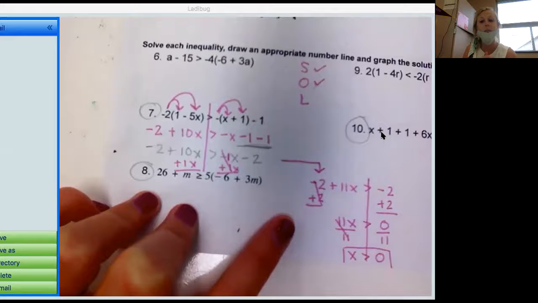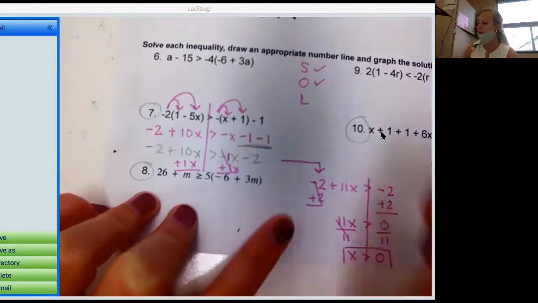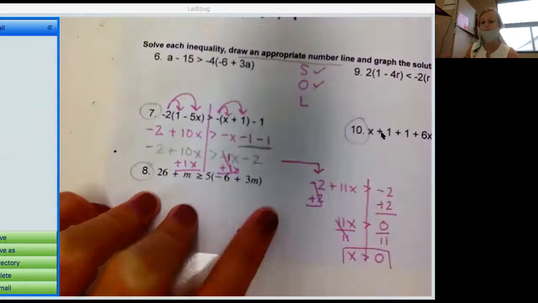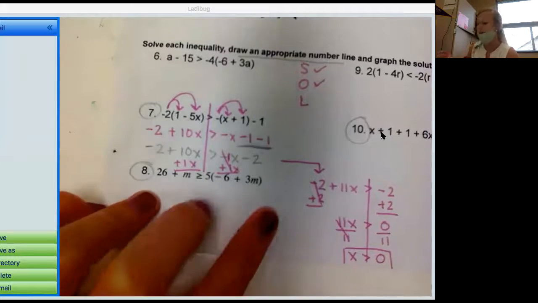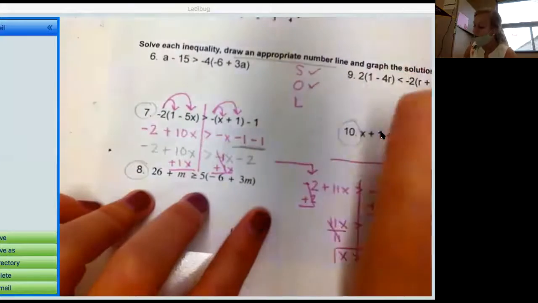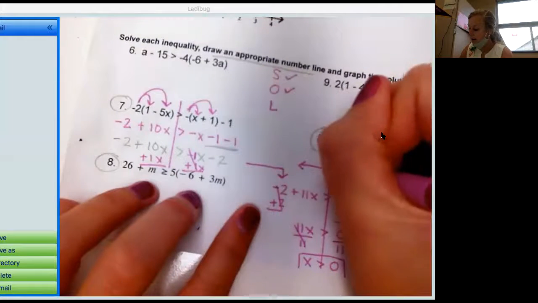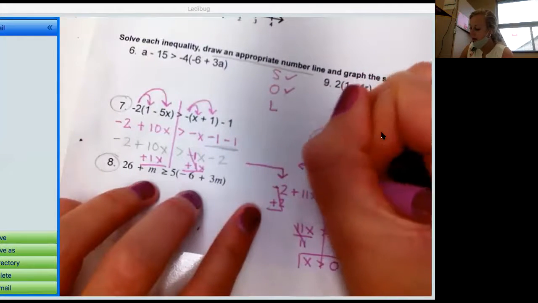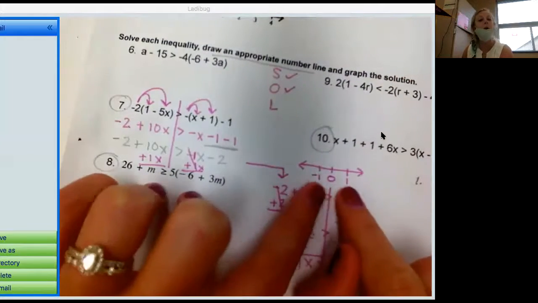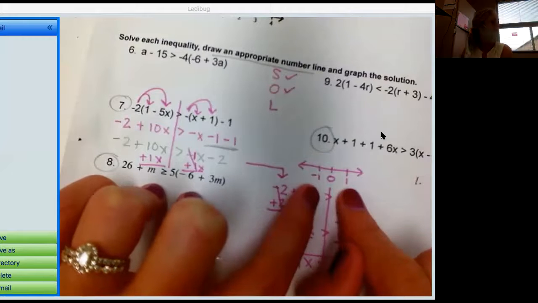Everybody's good with 7 now? Okay, you were also supposed to graph it. So if you didn't graph, you might have seen that I gave you an 85, okay? So to graph it, what 3 numbers can I use? Ooh, I like that. 0, -1, and 1. So remember, you want a number on either side of your point, right?